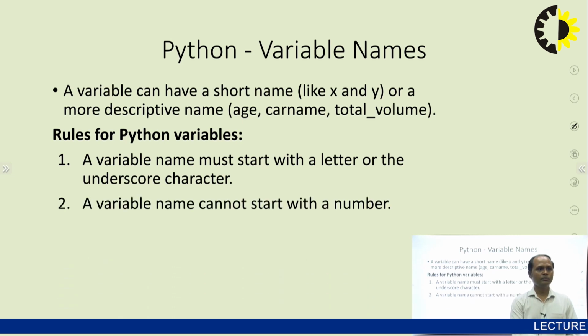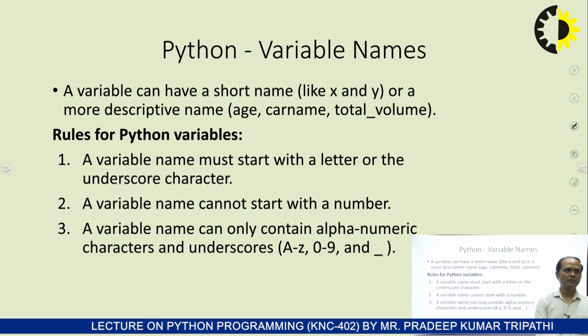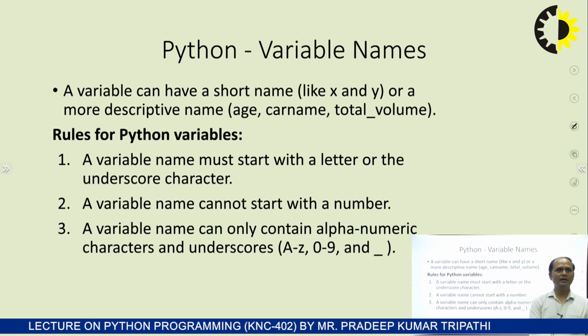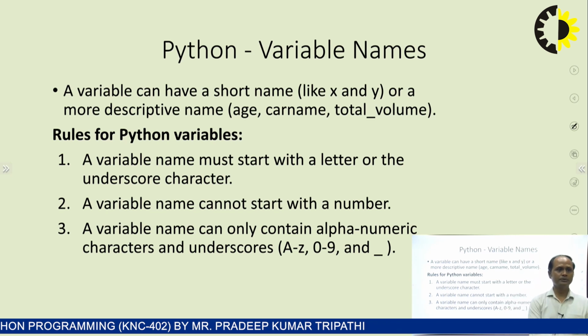Second, a variable name cannot start with a number. We always use a letter or underscore, we cannot start with a number. And a variable name can contain only alphanumeric characters and underscores, like A to Z, 0 to 9, and so on.